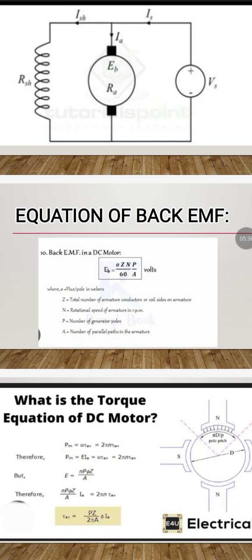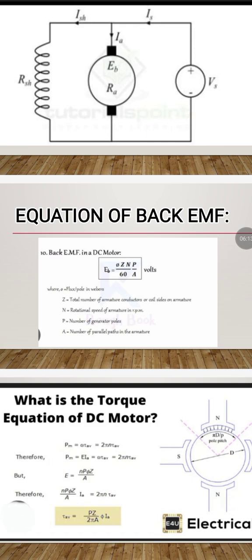The mechanical power developed in the armature is also given by 2 pi n TA, where n is the speed in rotations per second, that is RPS. Because both equations represent the mechanical power developed in the armature, we equate them: EB into IA equals 2 pi n TA.